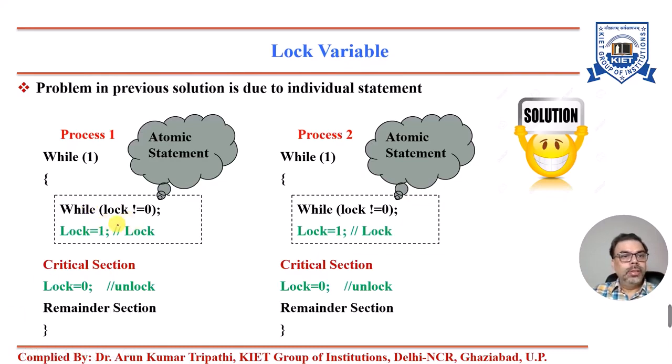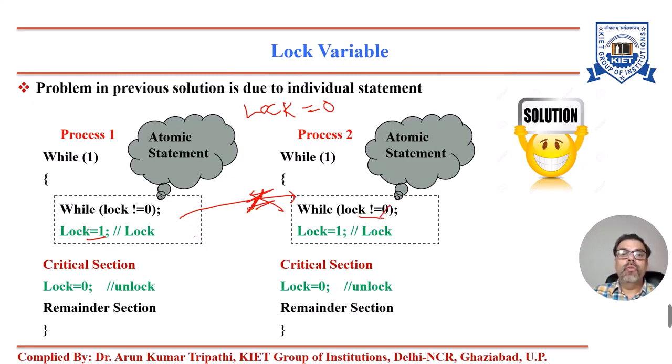While lock is not equal to 0, it will check. Initially the lock value is 0, as we have discussed in the previous slide. Until it sets the value of lock equal to 1, it cannot switch over from process 1 to process 2. Now it sets lock equal to 1, and after that when it switches over, it will check the value of lock.